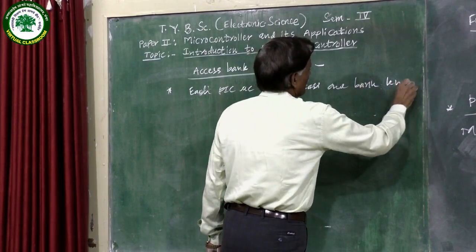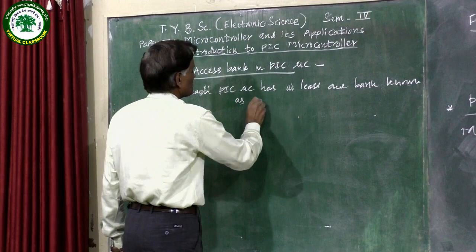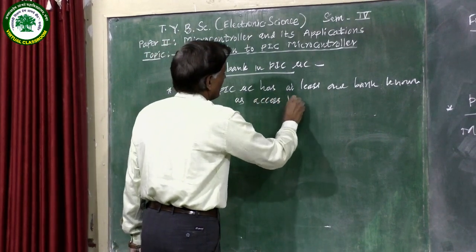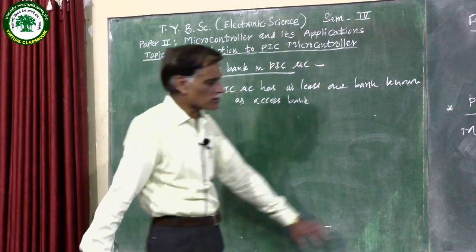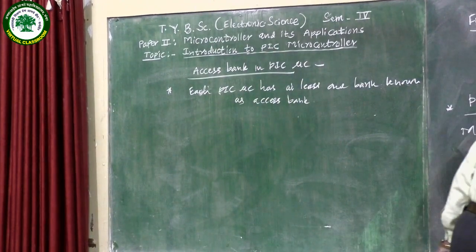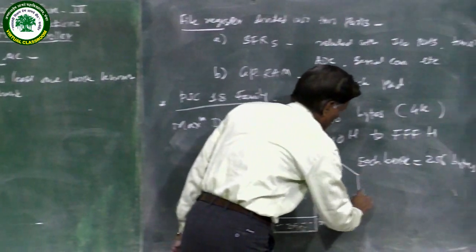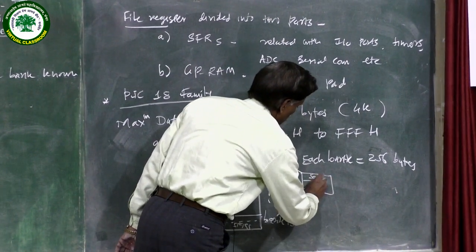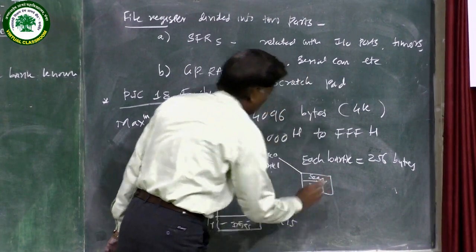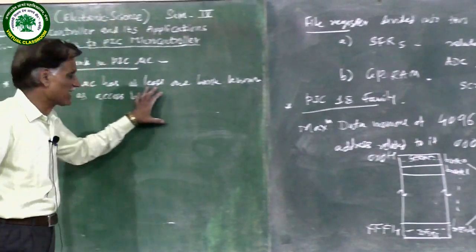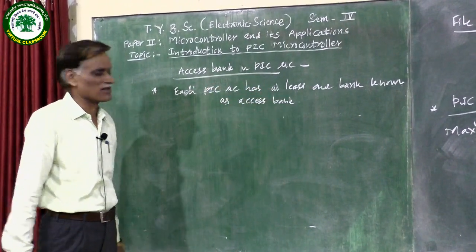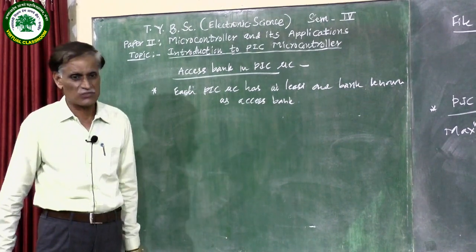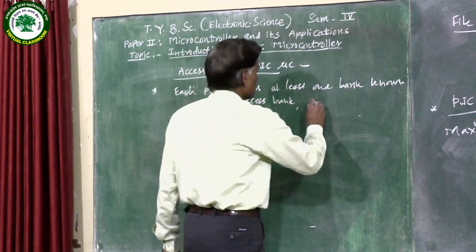All these banks are related with segments, segment 0, segment 1, like that. Each PIC microcontroller has at least one bank inside it known as the access bank, and it is a default bank.